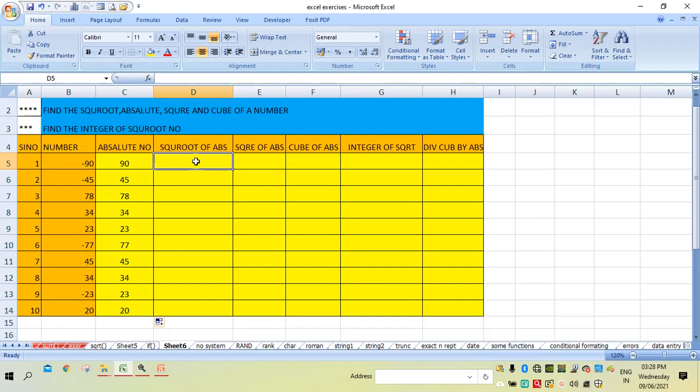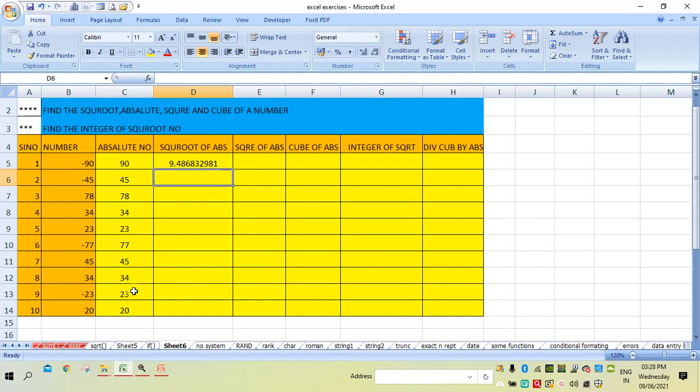Now find the square root of these absolute values. To find the square root of the absolute values, the formula is equal to square root in brackets the absolute value. So this is the square root value of 90.